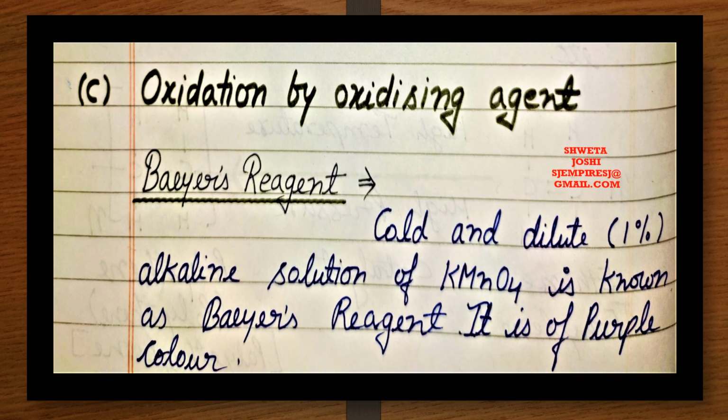Now covering our third variety of oxidation reaction, which is oxidation by using oxidizing agent. In case of ethene, we are going to take Bayer's reagent, which is cold, dilute 1% alkaline solution of KMnO4, that is potassium permanganate.